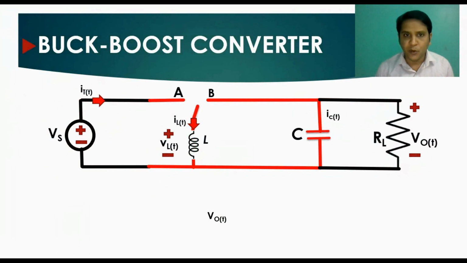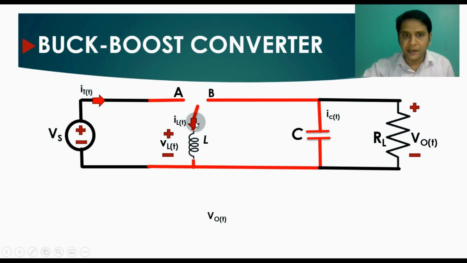Let us understand what will happen if switch is at position A, and what happens if switch is at position B, right? To explain this circuit, let us say this is the supply voltage, then this is i(t), the total current flowing through the circuit here.